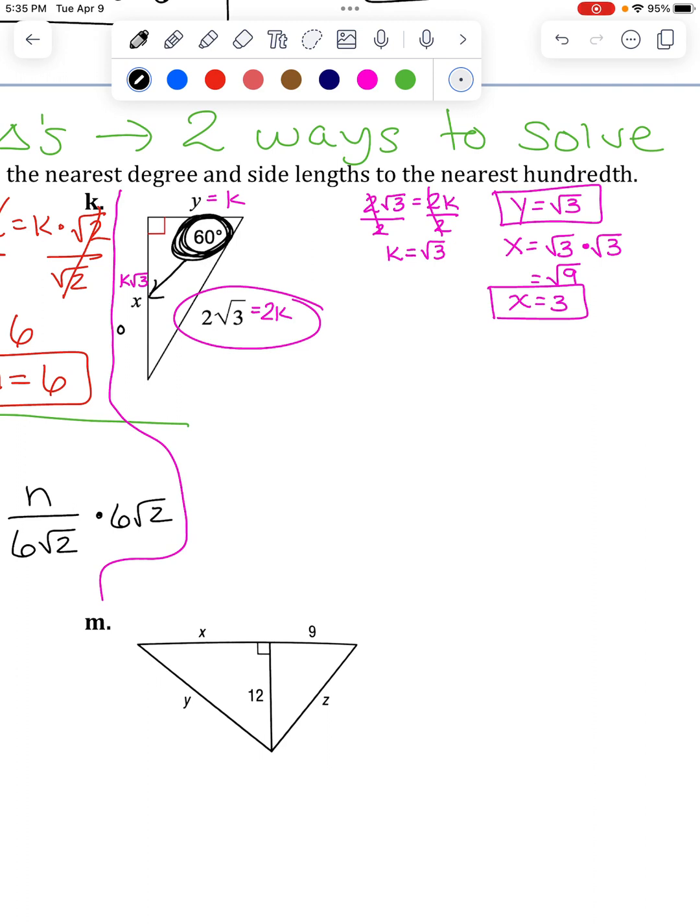Had I done my trig, this would have been my angle of reference. X would have been the opposite. Y would have been the adjacent. This is the hypotenuse. Oops, let's not do that. Let's do this instead.